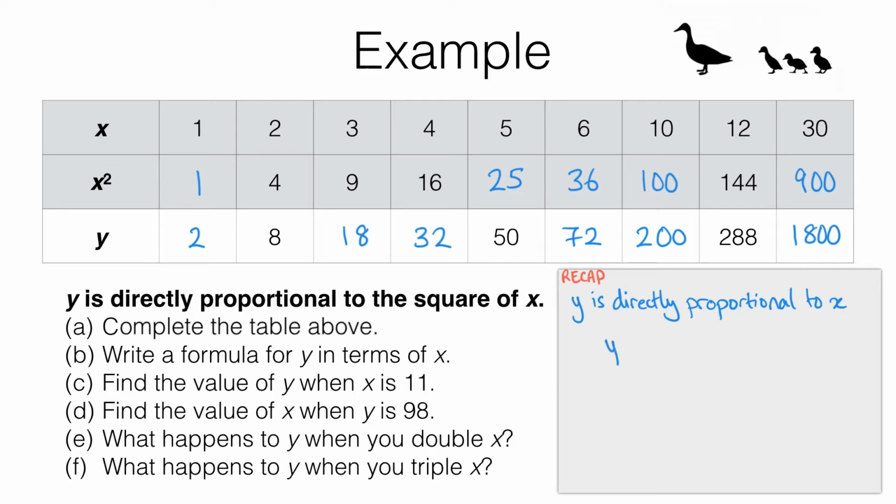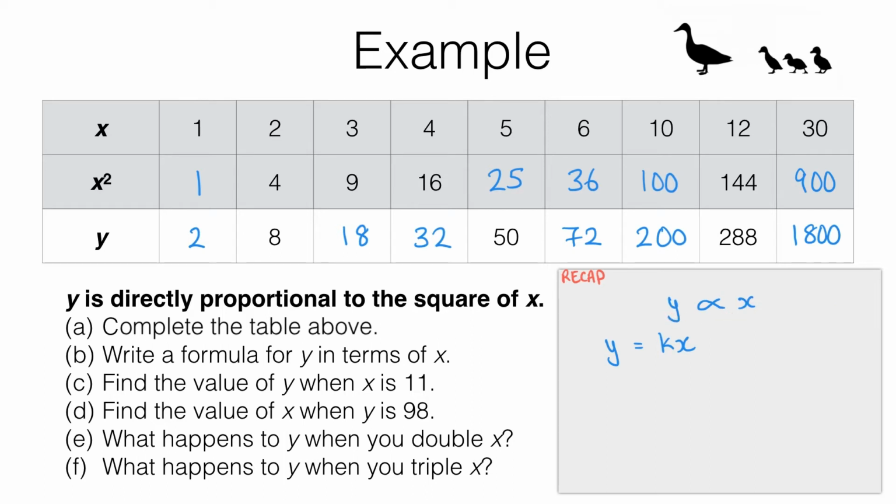We would write y equals k multiplied by x, where k is known as the constant of proportionality. We also saw that sometimes people replace the phrase is directly proportional to with this symbol here. So instead of writing y is directly proportional to x in full, we would simply have y is directly proportional to x written like this.